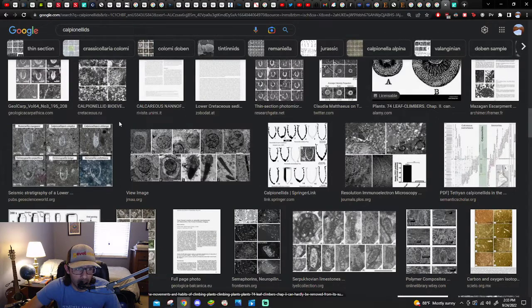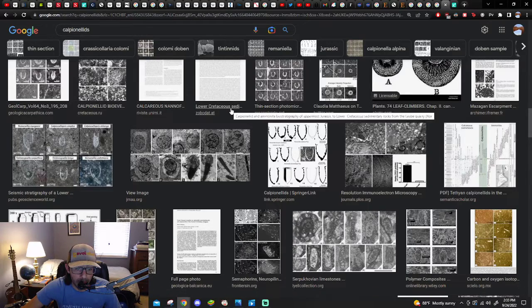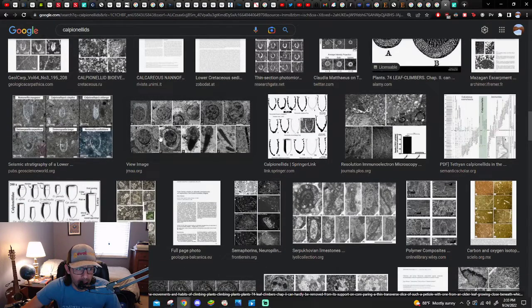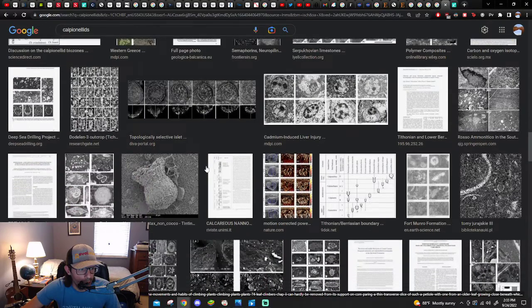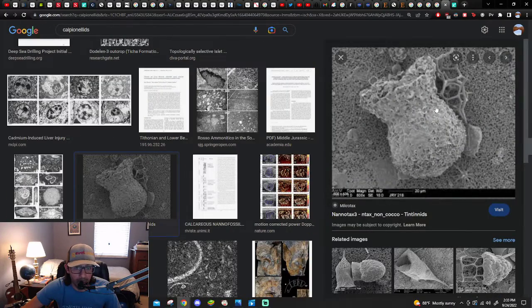Some of these are actual images of actual plants, but the ones that are found in stone that are considered fossils are the ones that matter. Like this is probably not within a stone that they found in the ocean, say.